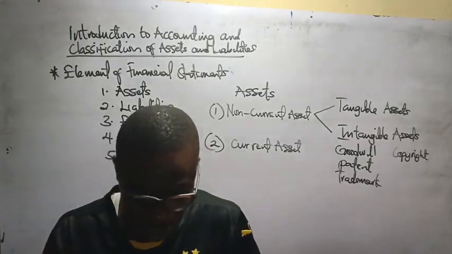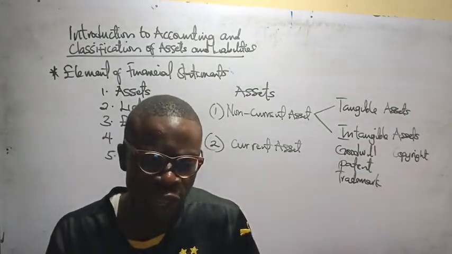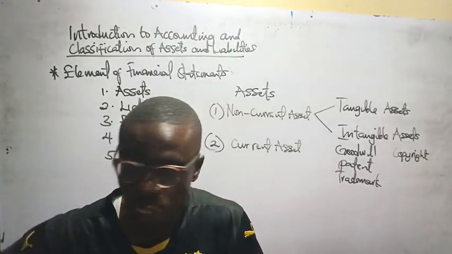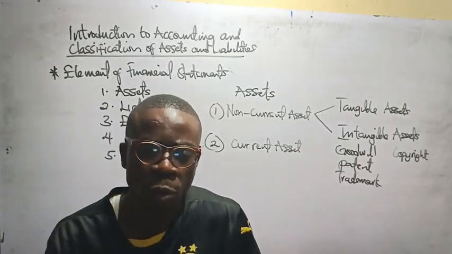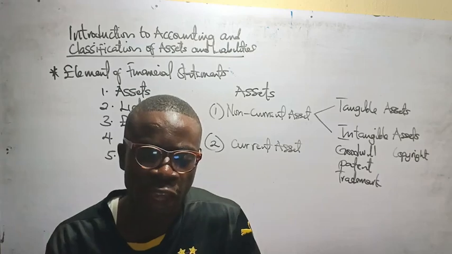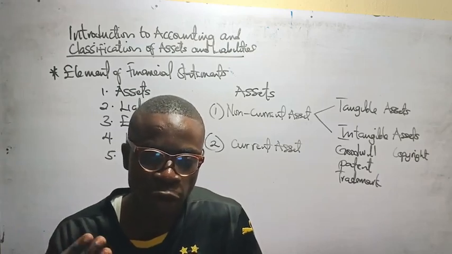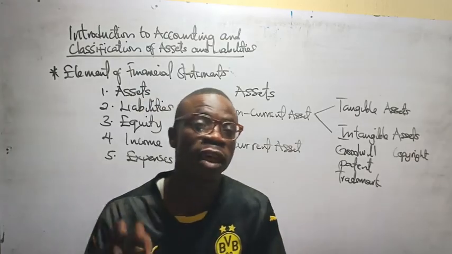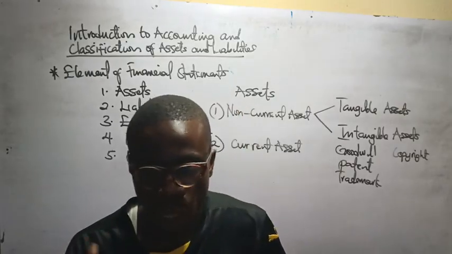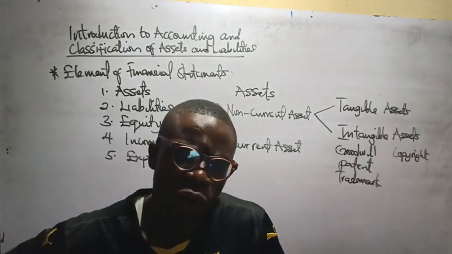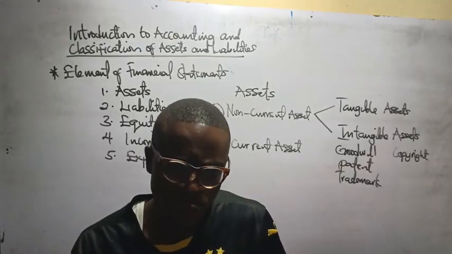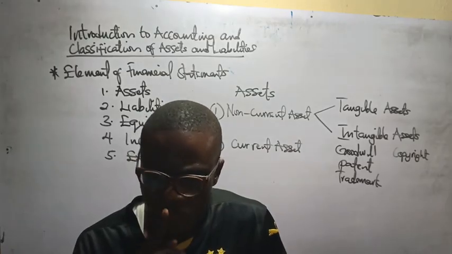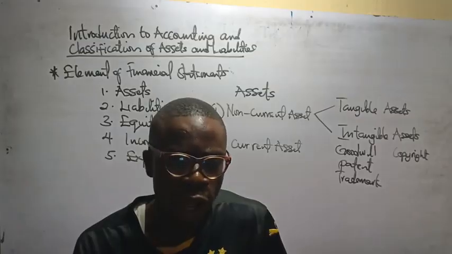Now let's imagine the practical example I use to break down liability. Let's say you have a child. You promise your child that you are going to buy a bicycle if he takes first position in the class. Now they are preparing for the exam.